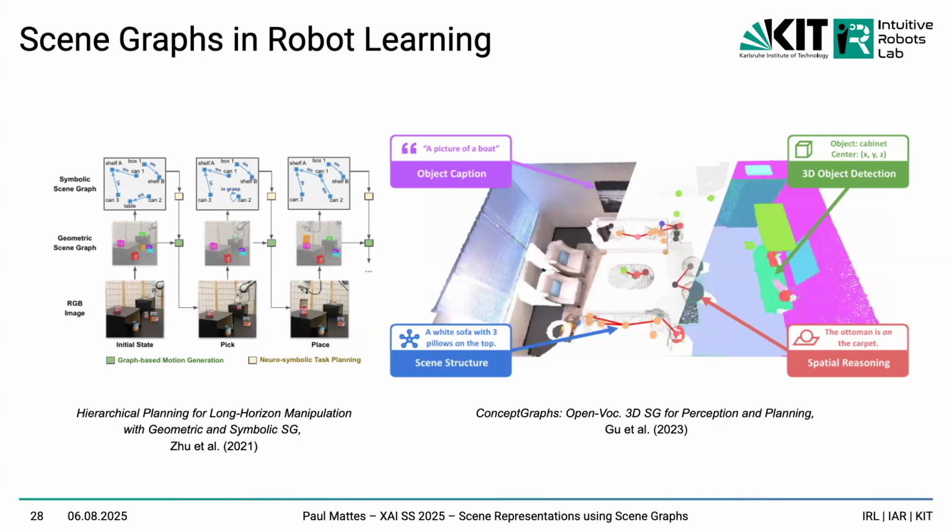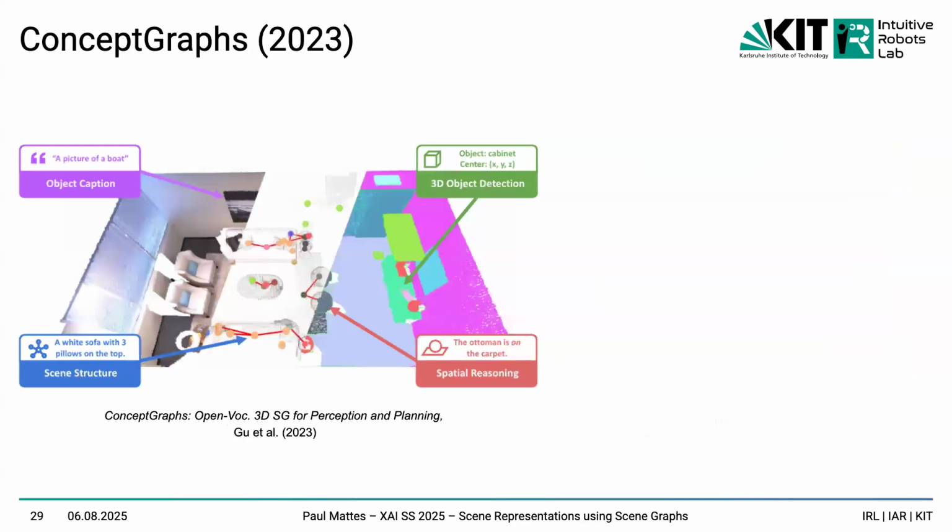And then we have a somewhat newer paper, ConceptGraphs, which we will have a closer look at. The idea is that we now want to produce a 3D scene graph and use that for later downstream tasks. So we don't train the scene graph generation and the task together. We first have the actual scene graph generation and then use this scene graph for some robot tasks.